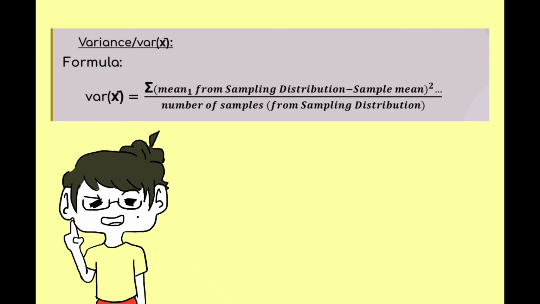So after you solve the mean sub 1, you go and change it to mean sub 2, and then you minus it to the sample mean again. So we have like 16 means, so you have to repeat that like 16 times. Yeah, and don't forget to square them because I usually forget to square them. So yeah.